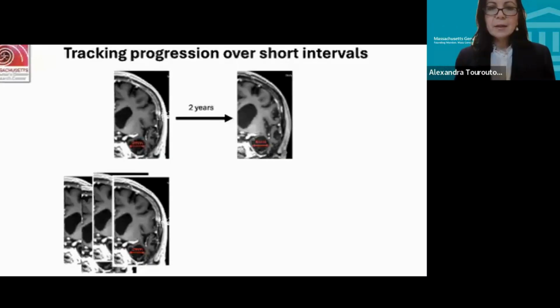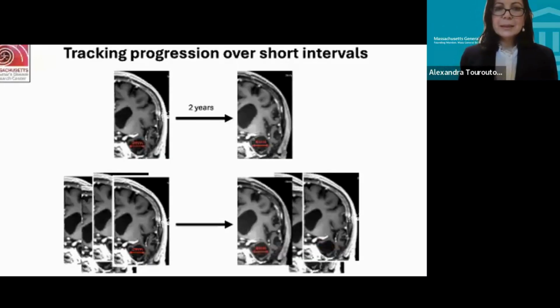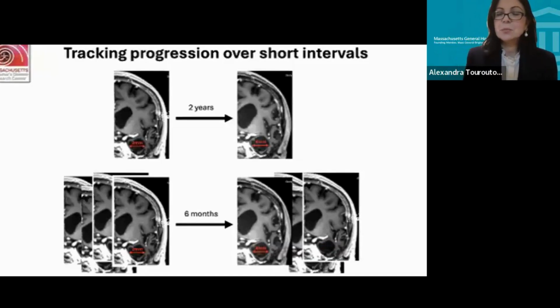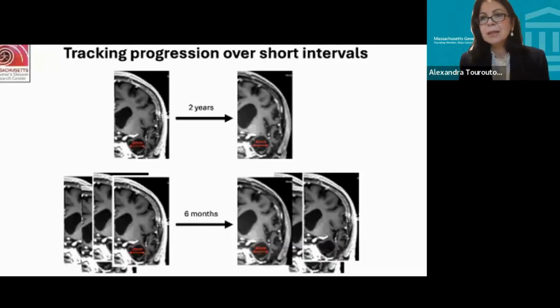And then we are able to repeat that and see the change in the shrinkage in a much shorter period of time, like 6 months, for example. And why is this important? Because we can see if a drug is working over a period of 6 months, as opposed to waiting to see if a drug is working after 2 years. This is a really important advancement in the imaging protocols.